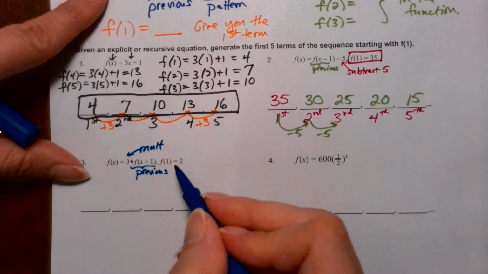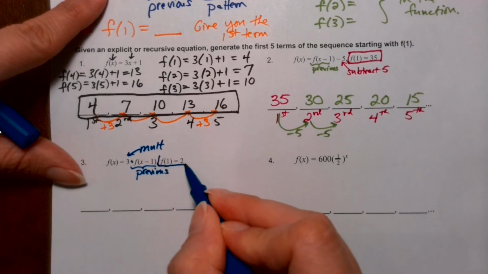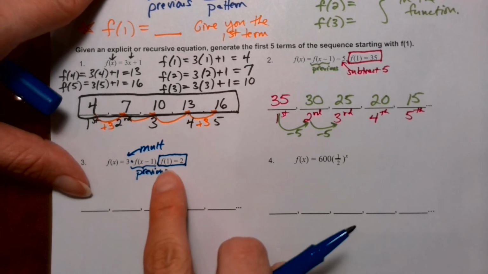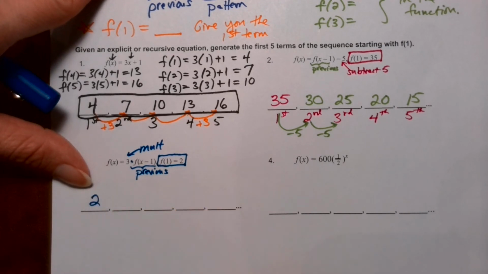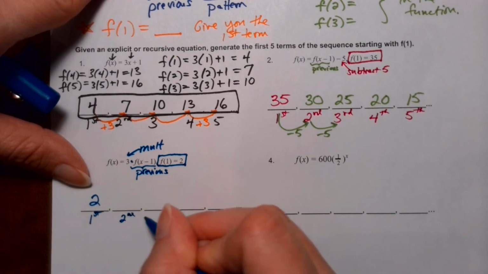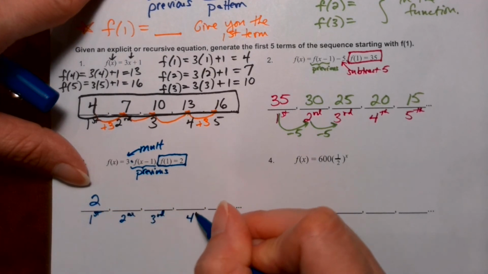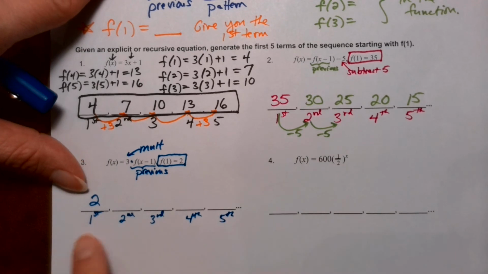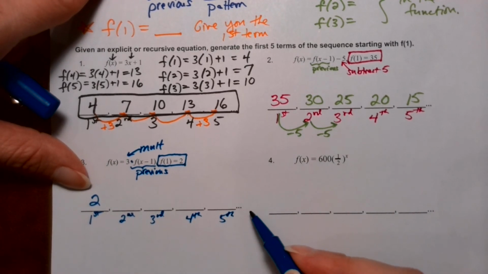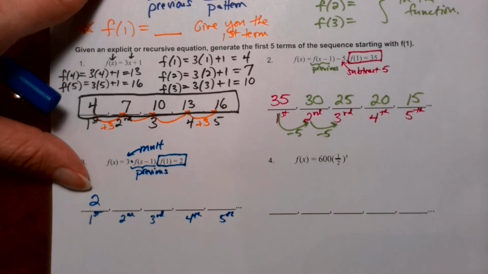Now look at this right here. F of 1 equals 2. That's your starting point. The first term is 2. That's the first one, the second, the third, the fourth, and the fifth. Let's find all 5. I could keep going, but they only said find 5.